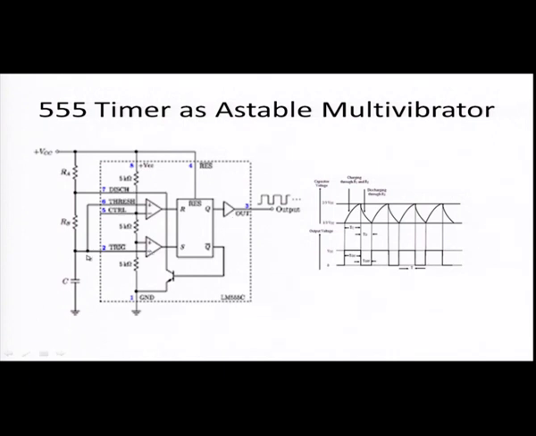Now, if the voltage across the capacitor just crosses 2/3 VCC, which is the threshold of the upper comparator, it resets the flip flop. If it resets the flip flop, then Q bar will be high. In that case only the transistor will be on, and this transistor is connected in between the resistors RA RB and the ground.